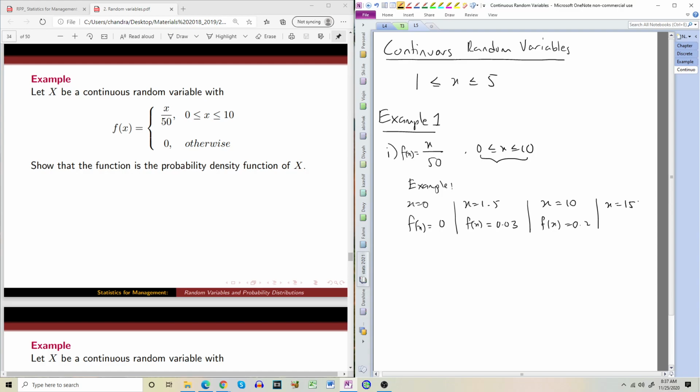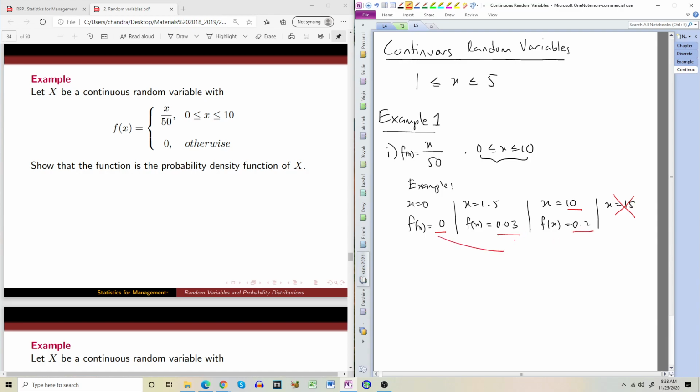Cannot, because x is only between 0 and 10. So if you choose any number within 0 and 10, the minimum is 0, the maximum is 0.2, and in between something like 0.03.